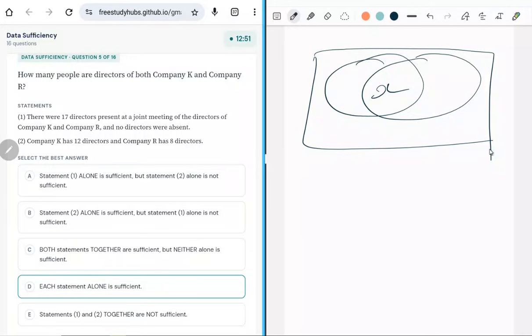So how many people are directors of both? I need all the information, and I have it. Statement 1 alone is not sufficient. Statement 2 alone is not sufficient.